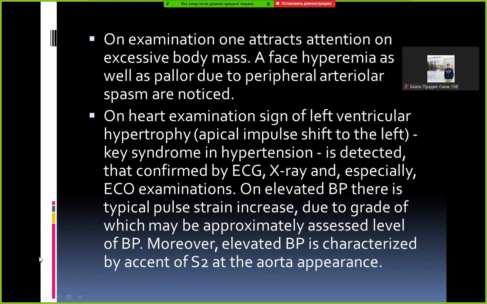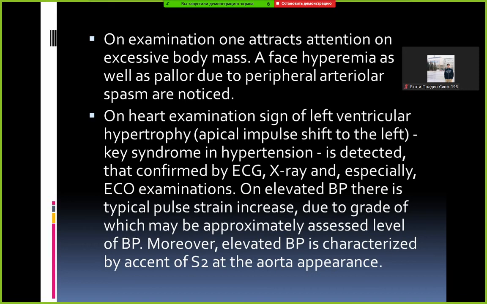On examination, we pay attention to the excessive body mass, face hyperemia, as well as pallor due to peripheral arterial spasm may be noticed. On heart examination, symptoms of left ventricle hypertrophy, such as shifting of the apex beat to the left.